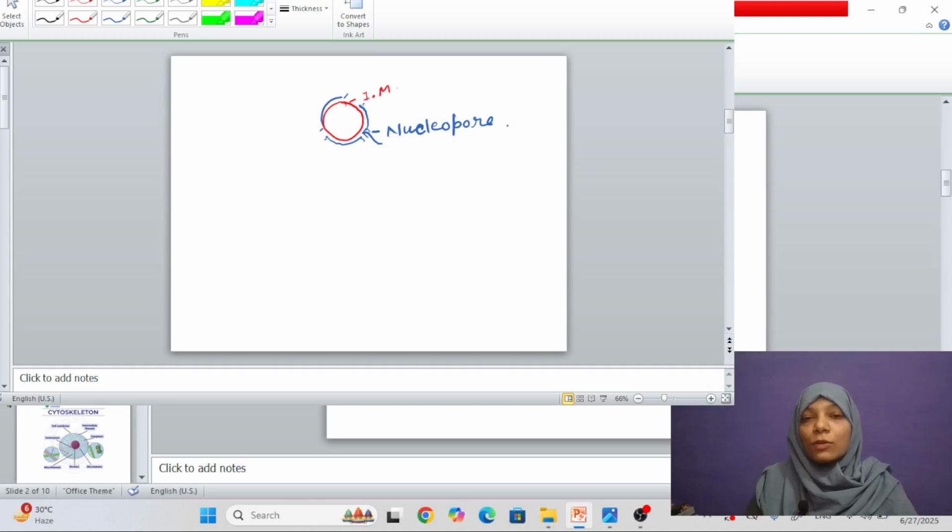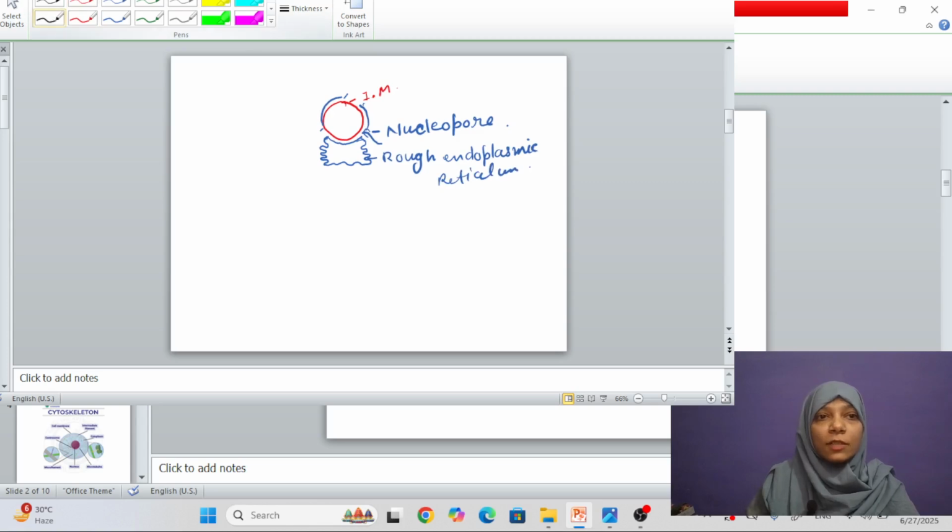Now this outer membrane of the nucleus extends like this and makes the structure of the rough endoplasmic reticulum. Why is it called rough endoplasmic reticulum?